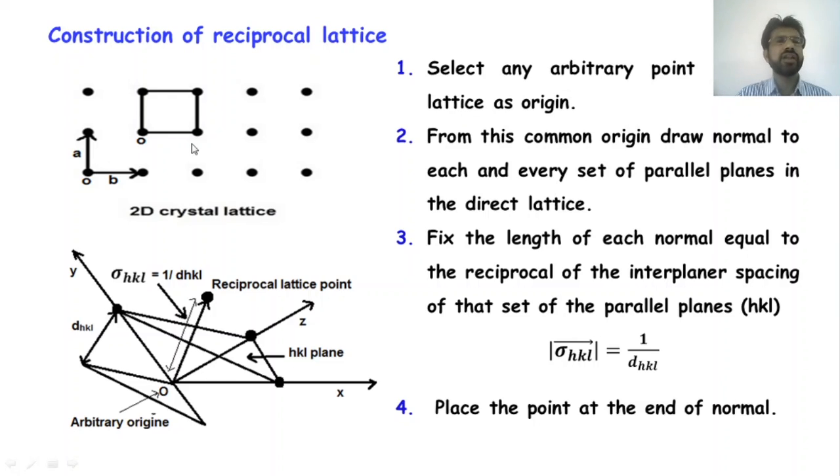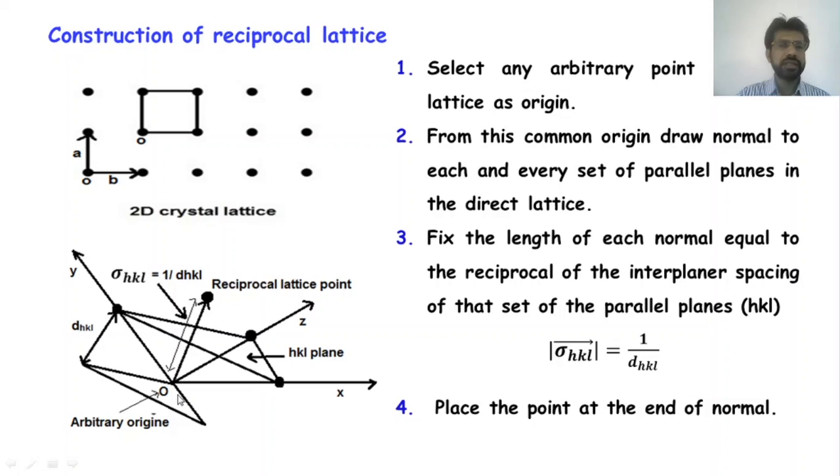Now then see here, this is the two-dimensional square lattice array, and in this case if we consider A and B are the fundamental translation vectors, then there is the formation of the square array. So now in this figure we can see how to construct a reciprocal lattice in case of any type of crystalline material, any two-dimensional array or three-dimensional array.